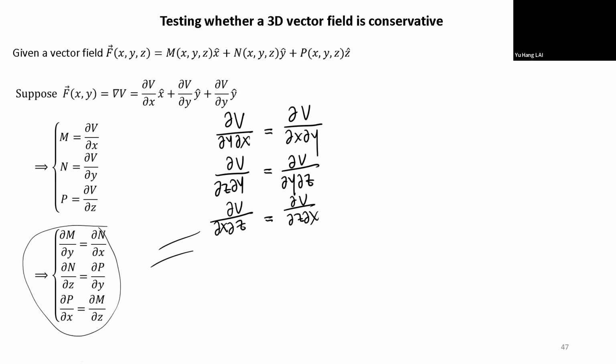Suppose you have a discontinuity in the potential at the boundary. Then at that exact boundary you have a discontinuity for your field as well. So this is only for a continuous and differentiable potential function.